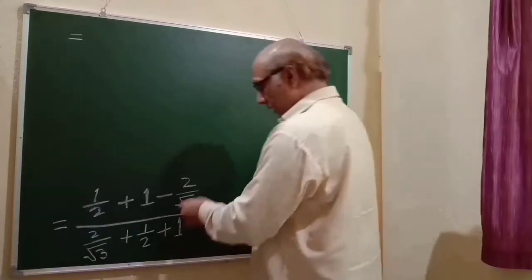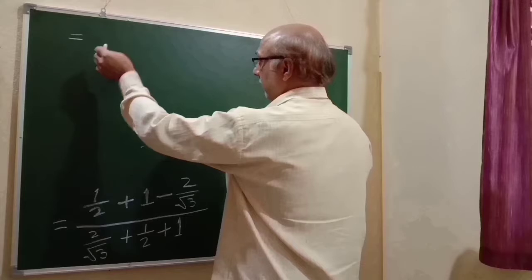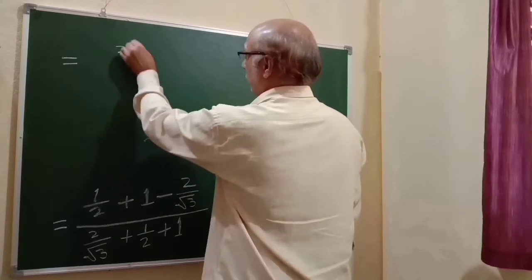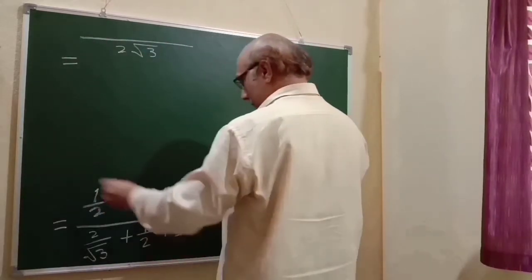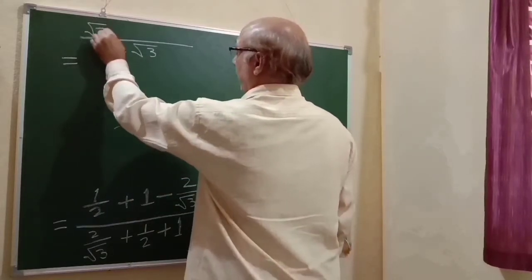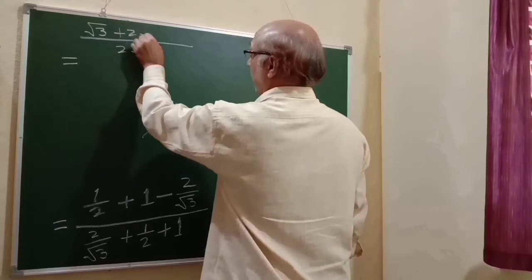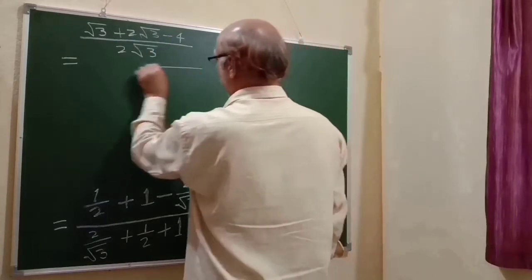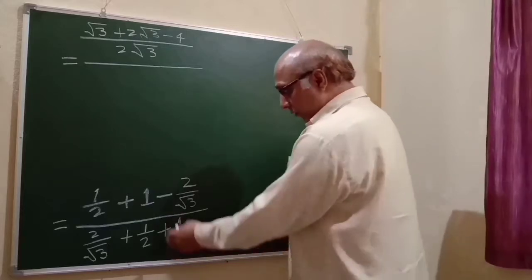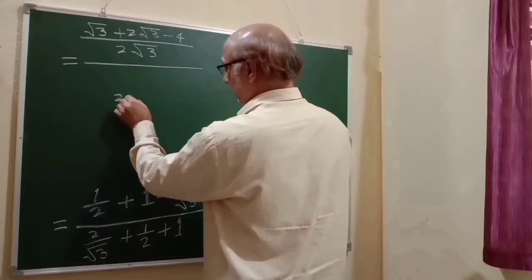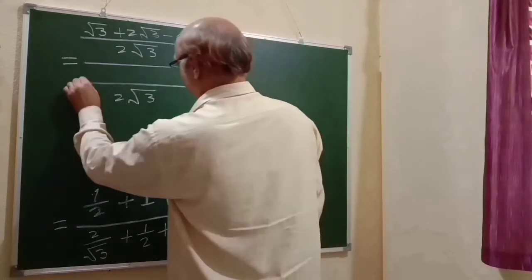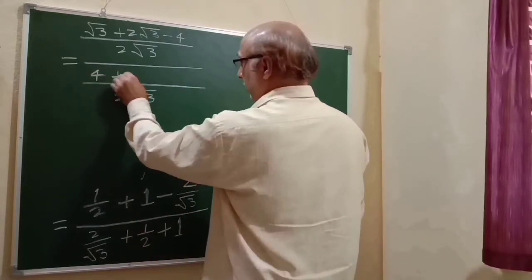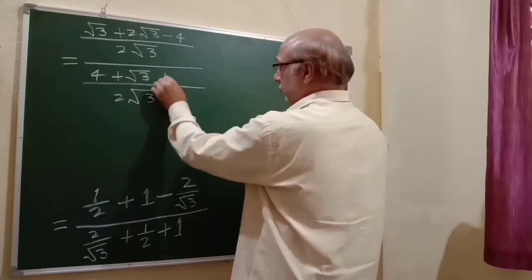Here taking the LCM we get 2 root 3 plus 2 root 3 minus 4, by, and taking the LCM of the denominator, we get 4 plus root 3 plus 2 root 3.